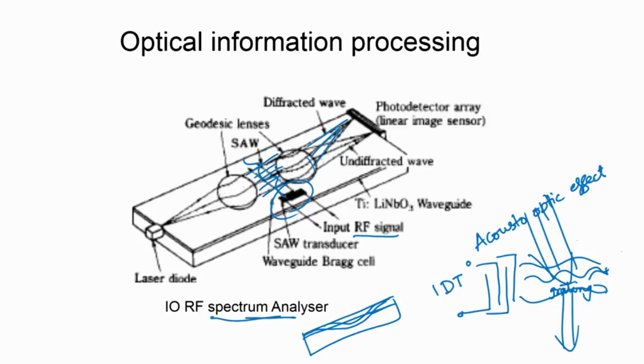Of course, you have a planar waveguide here on which you have made all these components, and the input light is spread across the grating region and is redirected into the photodetector array. We apply the RF signal to be analyzed to this IDT pattern. And this is not a simple grating; it is a complicated grating of some arbitrary shape based on the RF signal. So, you can say that this is a superposition of several gratings.